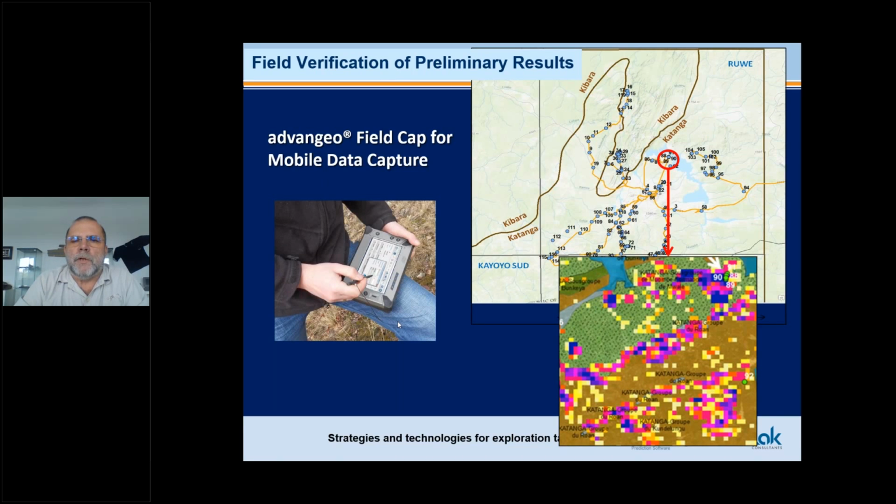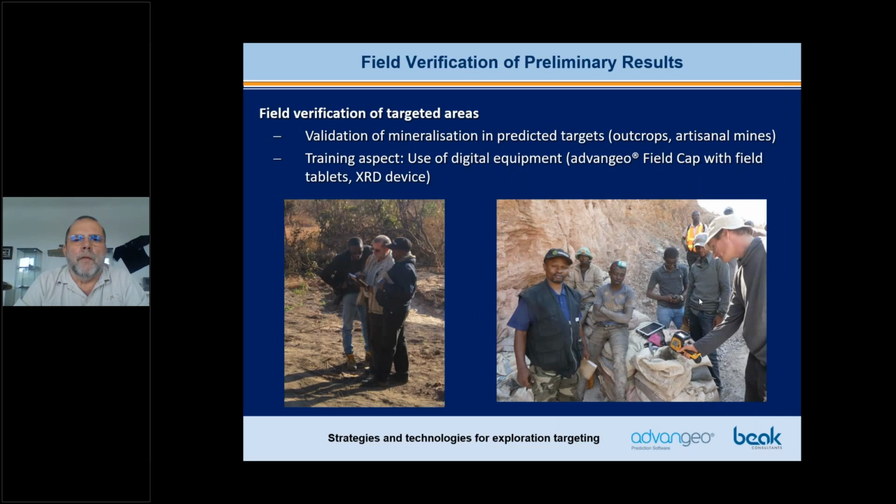So we did some preliminary exploration targeting, went to the field and checked the positive indications and verified the target modules, the neural networks, and then created the final neural network grid, helping us to create these final prospectivity maps.